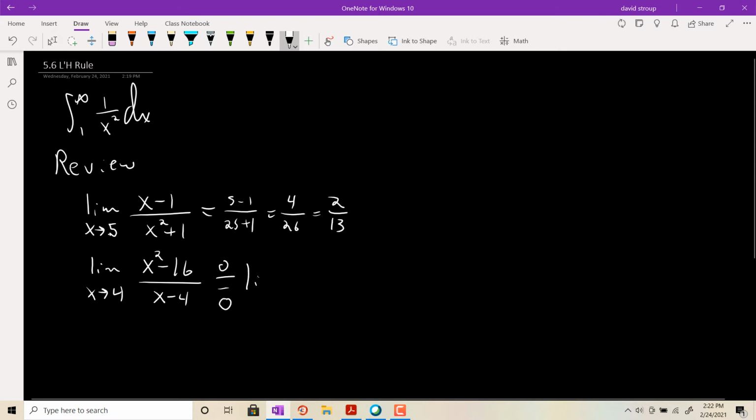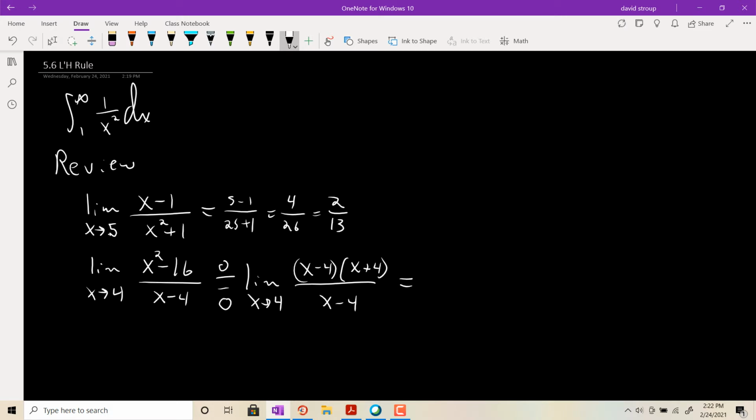So the way we dealt with these issues was to simplify. You could write an equivalent expression: the new expression will be equivalent to the old expression, the rational function, at every point except at 4, but that's okay because limits don't care about anything except the approach to x equals 4.